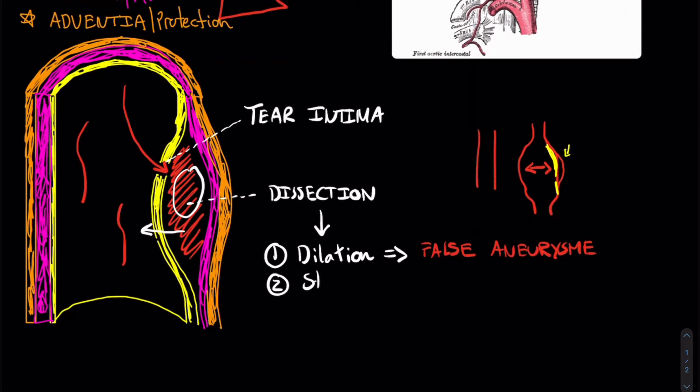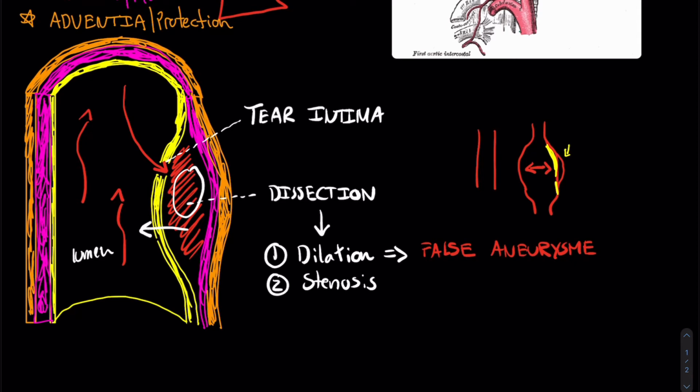Next, it can cause stenosis. If the media and the adventitia layers do not dilate, do not expand with the artery, then the blood will have no choice but to put pressure towards the lumen, right? So here we have the lumen. All this blood goes to the brain.